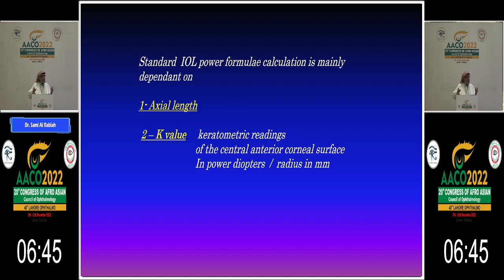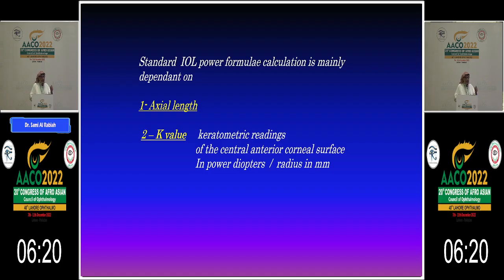We all know that the posterior surface of the cornea is not exactly the same curvature as the anterior. It is slightly more convex. But there is a relationship between them. It's about 82%. So if you know one, and you know the 82%, you can know the other. And if you know the other, you know both, and you know the total corneal power. See how amazing this K reading is.